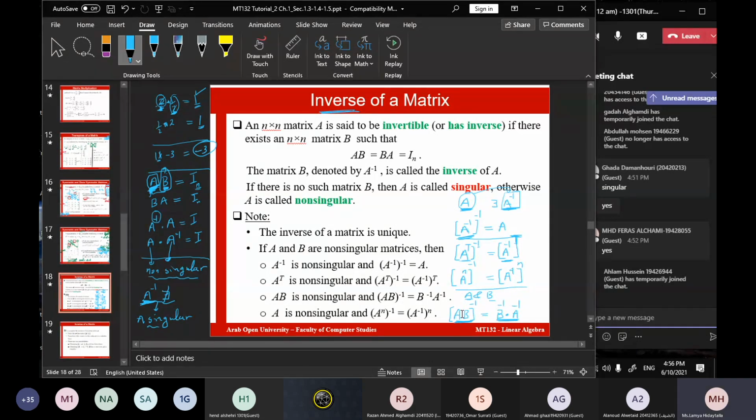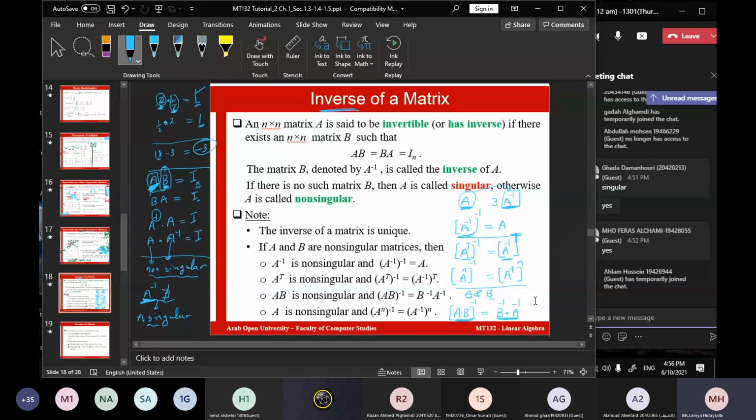And for the inverse of AB, there is a condition: A must be invertible and B must be invertible. If this is the case, meaning they have an inverse, or in other words non-singular, then the inverse of AB is equal to the inverse of B multiplied times the inverse of A. Can I flip? Can I say it equals A inverse B inverse? No. B inverse A inverse.